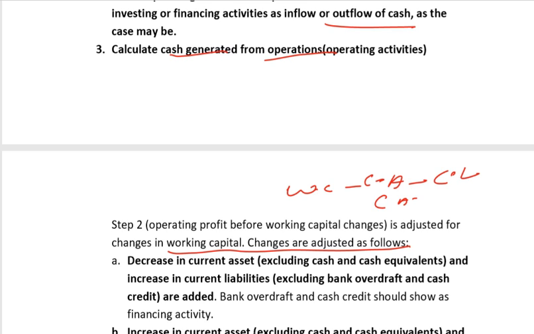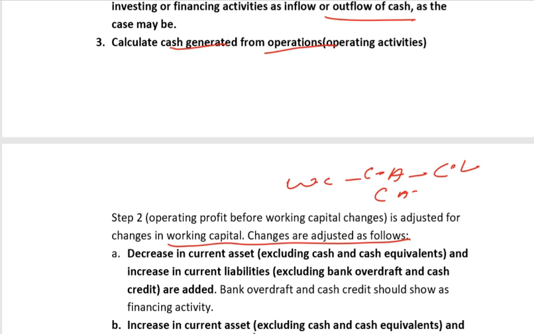Here we will get the current assets and current liabilities from our balance sheet. So what to do here? Add decrease in current assets, excluding cash and cash equivalents, and increase in current liabilities, excluding bank overdraft and cash credit, are added along with the last head we got, that is operating profit before working capital changes.